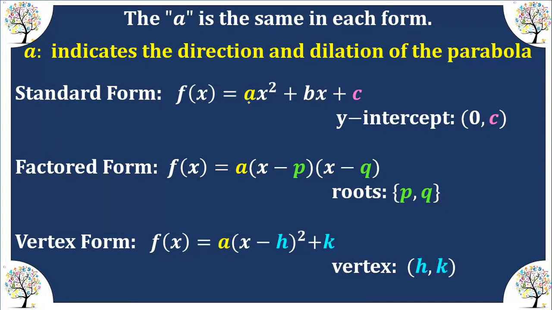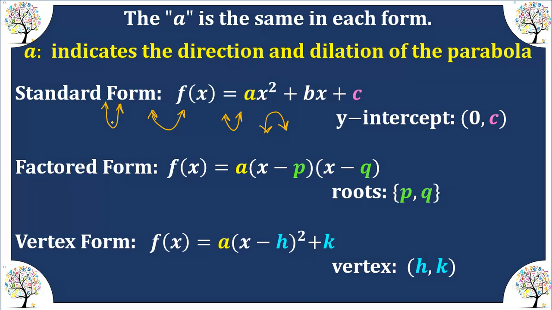So if a is a positive value, our parabola turns up. If a is negative, our parabola turns down. It also tells us the dilation of our parabola, meaning it will tell us if our parabola is wide or narrow.